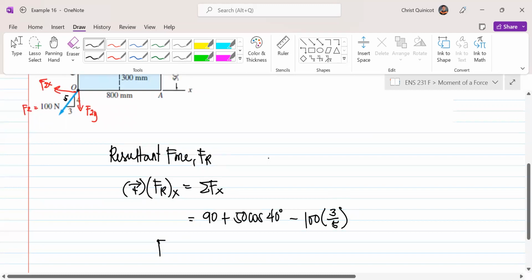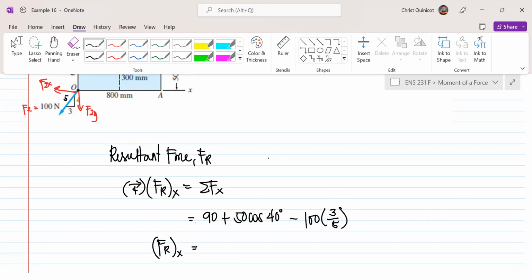So our F sub Rx is equal to 50 cosine 40, which is 38.3222216, plus 90 minus 100 times 3 divided by 5.